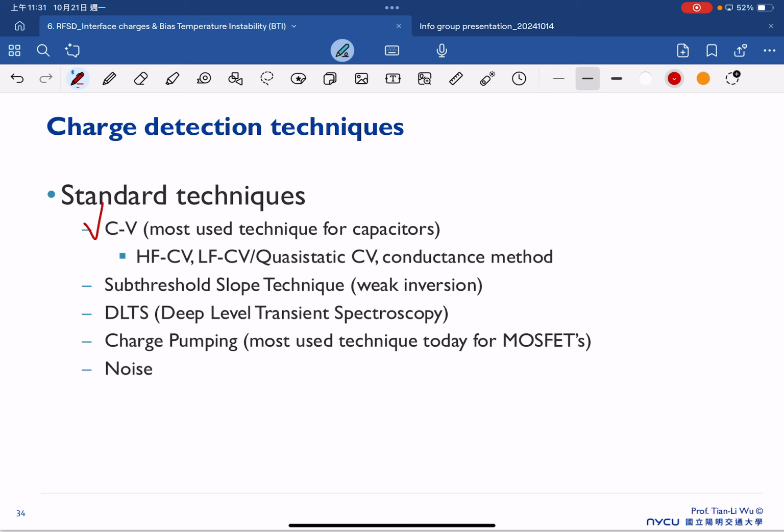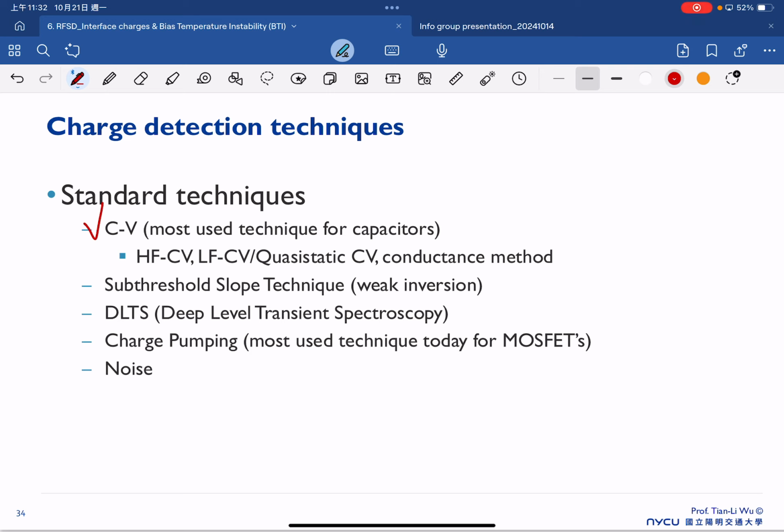We will talk about how to form accumulation, depletion, and inversion. That's also important to understand how the MOSFET operates. But this knowledge is not only important for understanding the MOSFET, it's more important that we can apply it to understand these trapping issues.